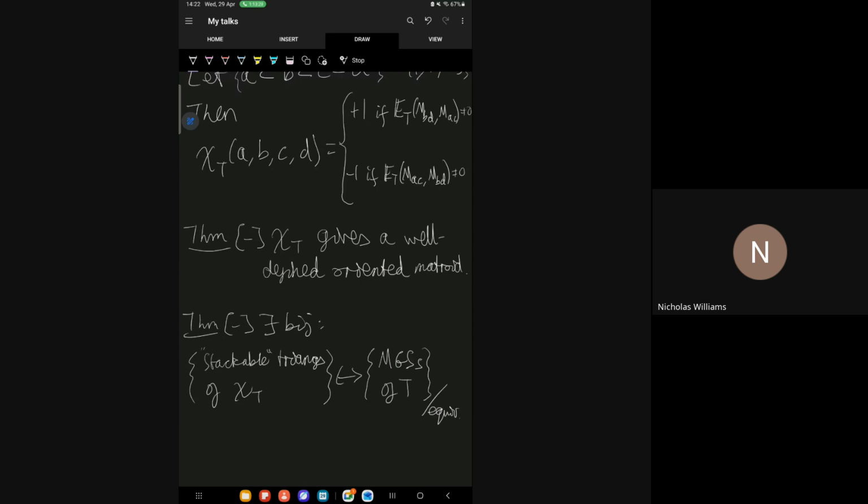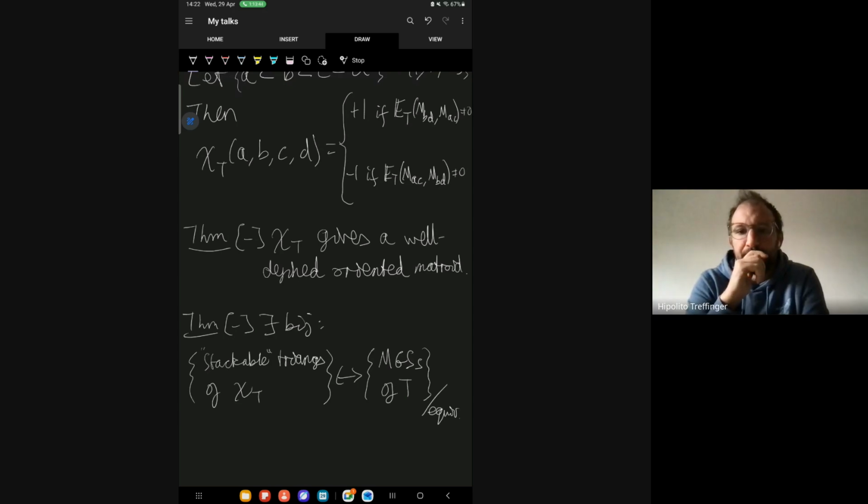So maybe it's not as simple as merging simplices together. It would be interesting if one could figure out what the right thing to say was, because it's not immediately obvious. Right, cheers, thanks.